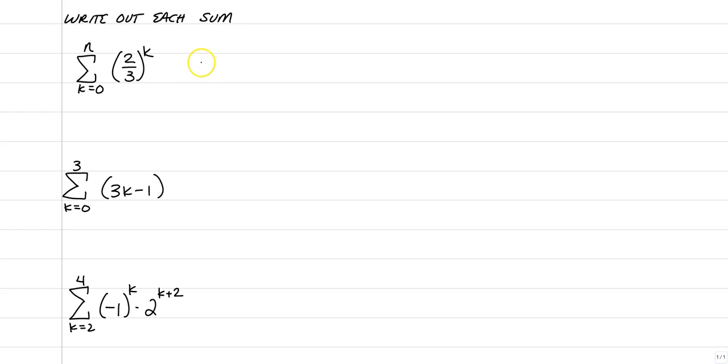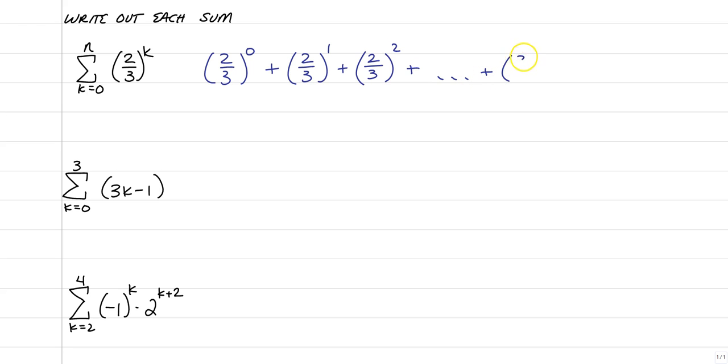So the first term you would do is k is 0, so that would just be 2/3 to the 0 power. Plus 2/3 to the 1 power. Plus 2/3 to the 2 power. And then you can put plus, a couple of dots, and finish with plus 2/3 raised to the n power.